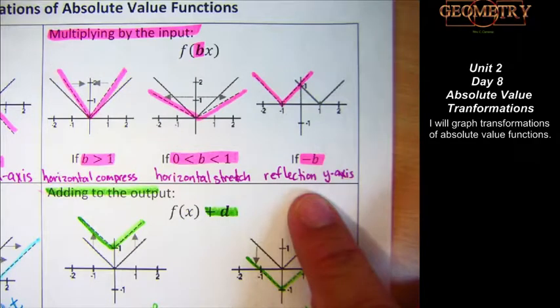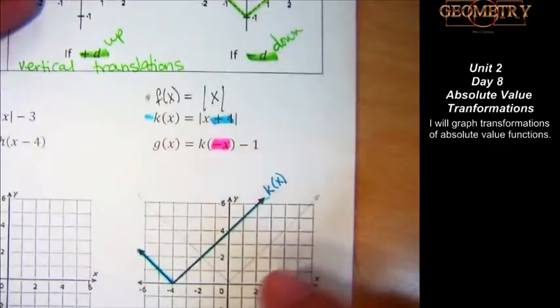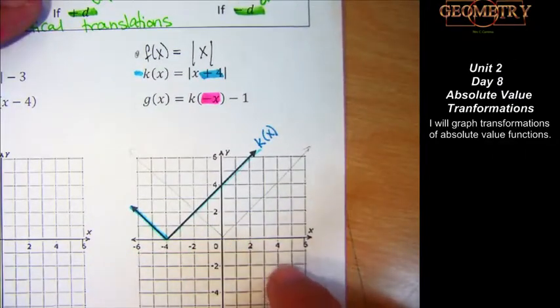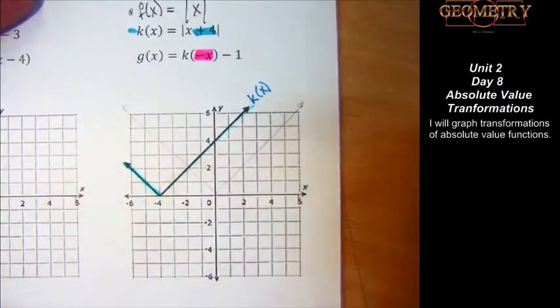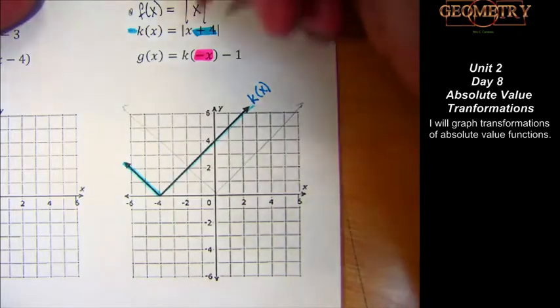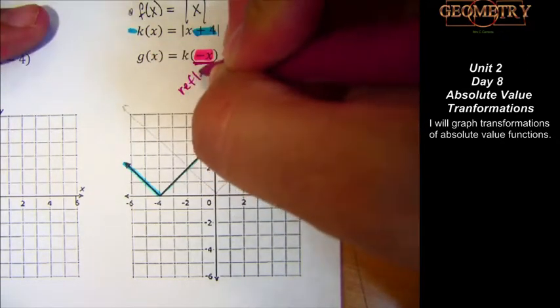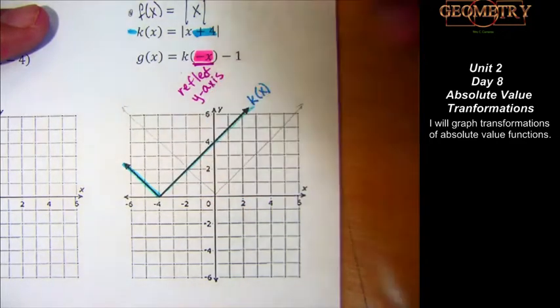And because it's negative, I have a reflection, but across the y-axis. This means that anything that showed up on the left side of the graph is now going to be on the right side of the graph. And anything that was on the right side of the graph is going to be on the left side of the graph. So I'm going to color this transformation only in pink. And this transformation is my reflect across the y-axis.